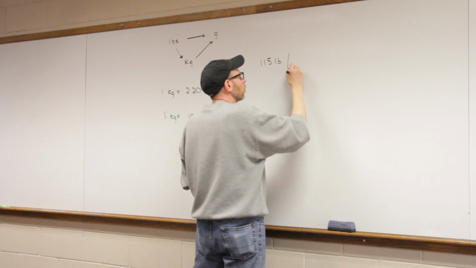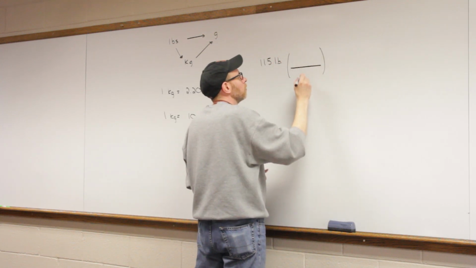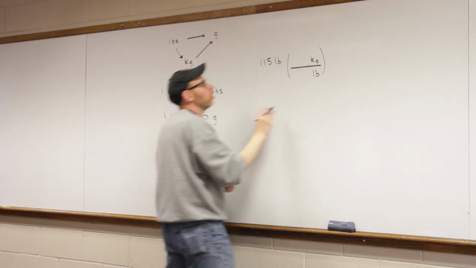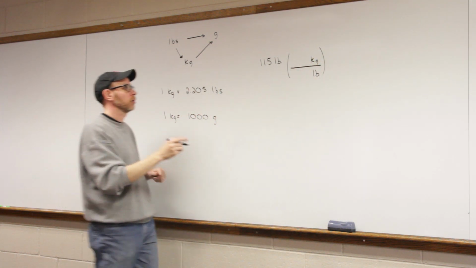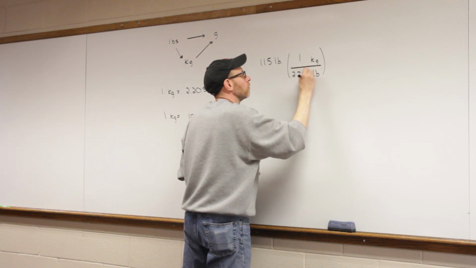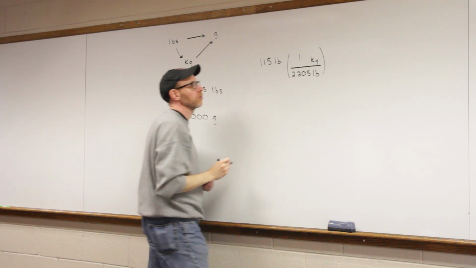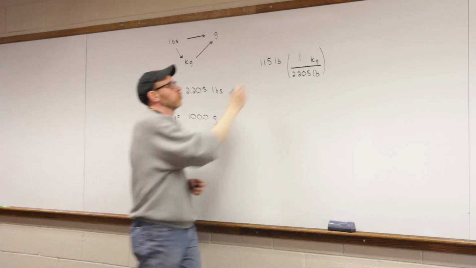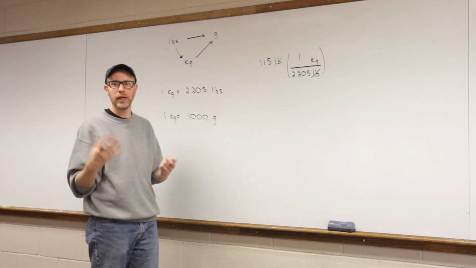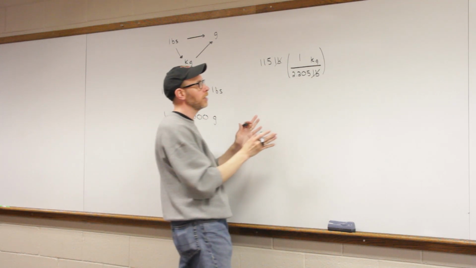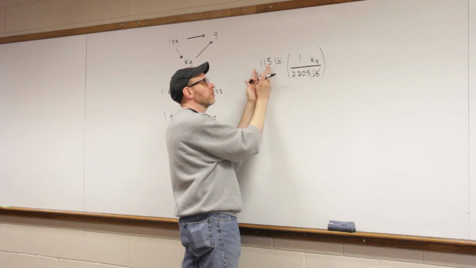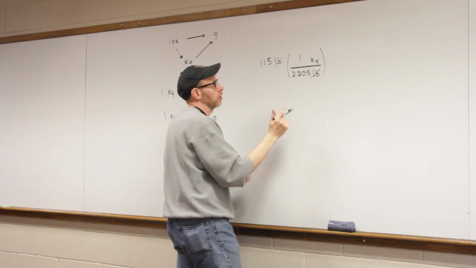The first thing we're going to do is convert between pounds and kilograms. We know our conversion factor is 1 kilogram per 2.205 pounds. Pounds cross out, leaving us with a unit of kilograms. If we stop right here, we would have converted those 115 pounds into kilograms.